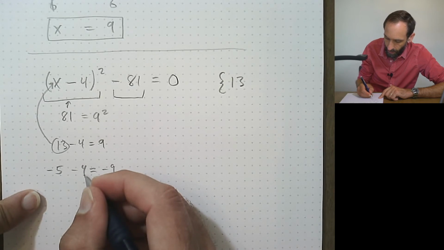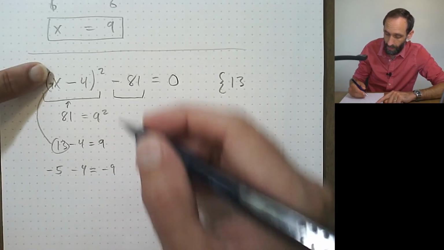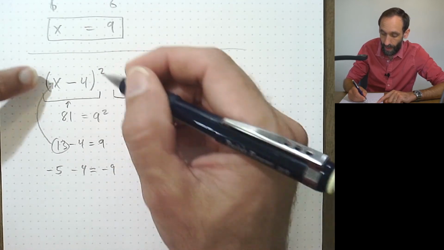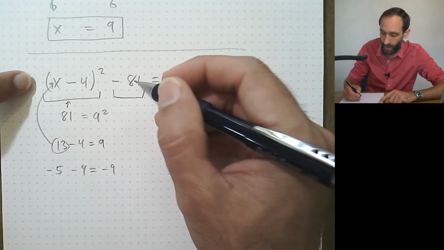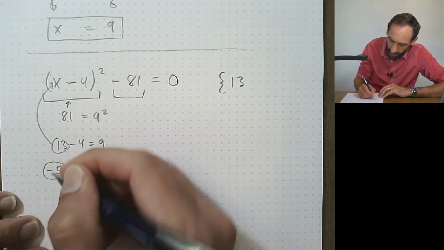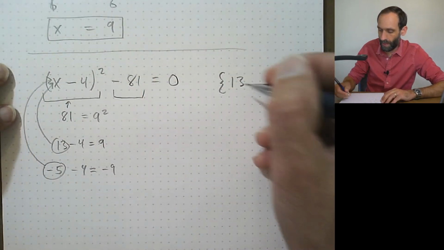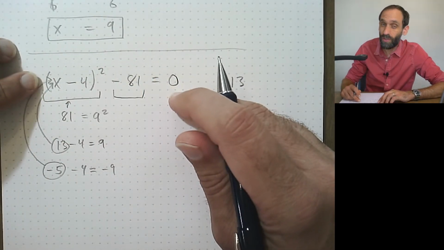Negative 5 minus 4 is negative 9. And if I plug negative 5 in here, you'll see I have negative 9. Square that, gives me positive 81. Subtract 81 will give me 0. So negative 5 is another number that I can plug in for x to make this equation true.